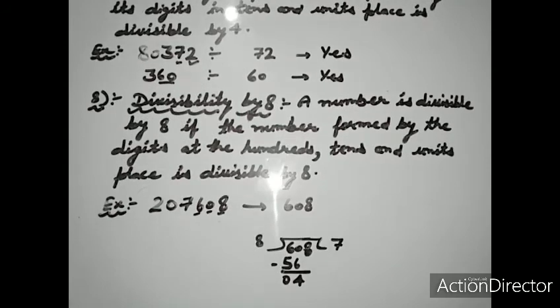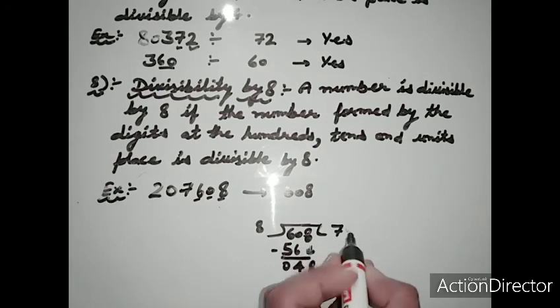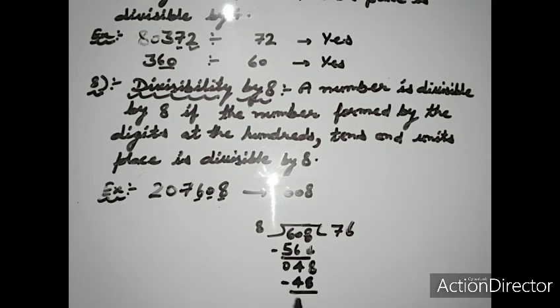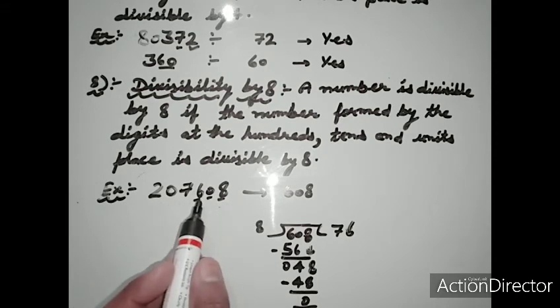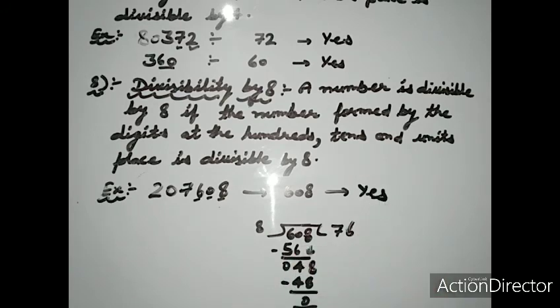Now here we take 8 6s are 48. 8 6s are 48. Now here we get 0 remainder. So this number 608 is divisible by 8. So the whole number 2,07,608 is divisible by 8.